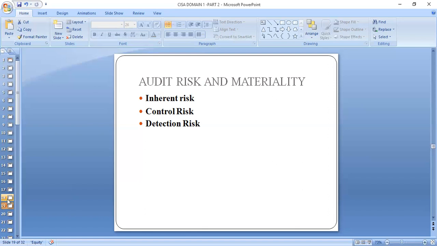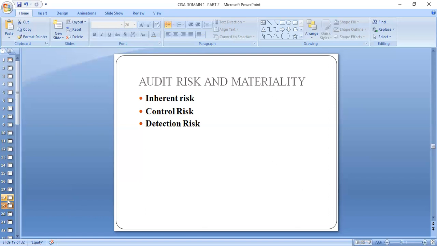The last one is the detection risk, and that is the only one that the IS auditor can actually directly control. The detection risk is the risk that tests the preparedness of the IS auditor, the experience, the skill, the competence of the IS auditor.